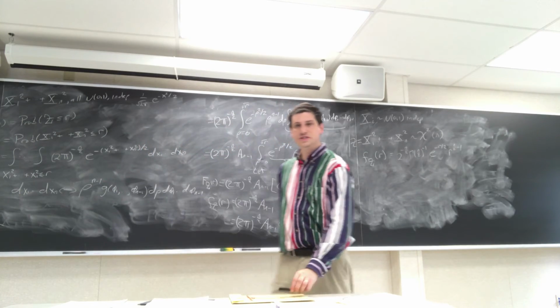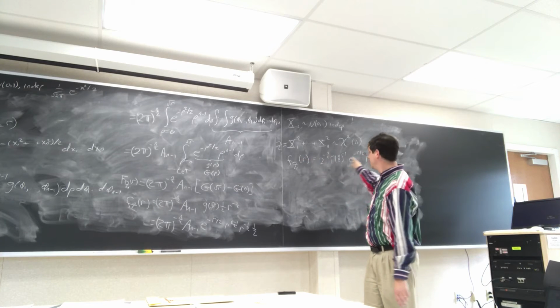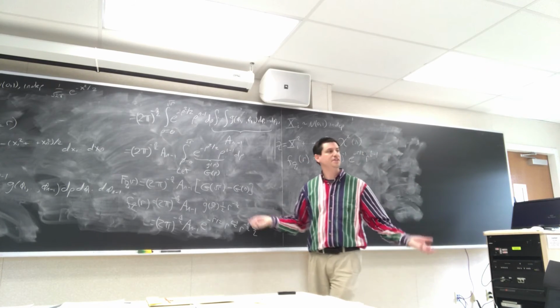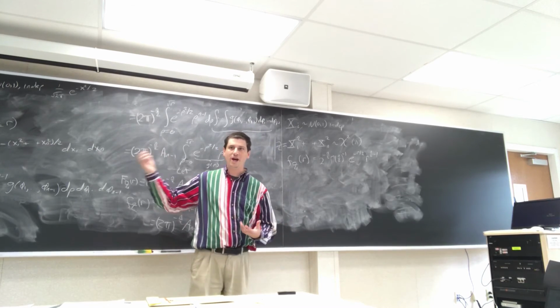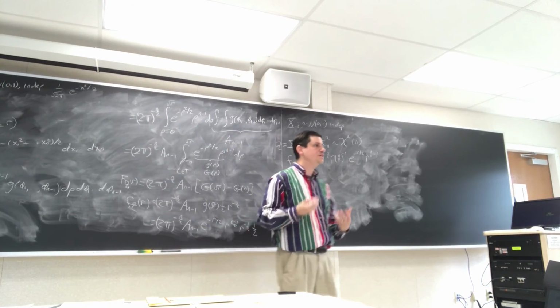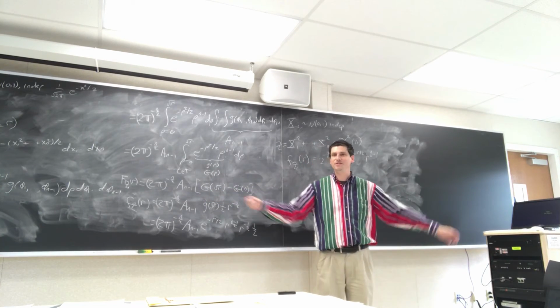And not coincidentally, I did not erase the density over here. This is the density I get when I use the fact that the sum of the squares of the normals is chi-squared with n degrees of freedom. We calculate it another way. This is one of the most powerful techniques we have in mathematics. Do something 2 different ways, and if you haven't made a mistake, they're equal.